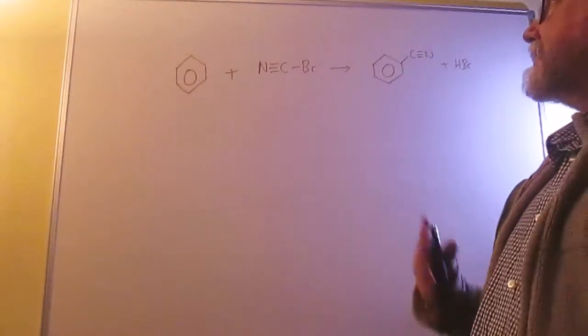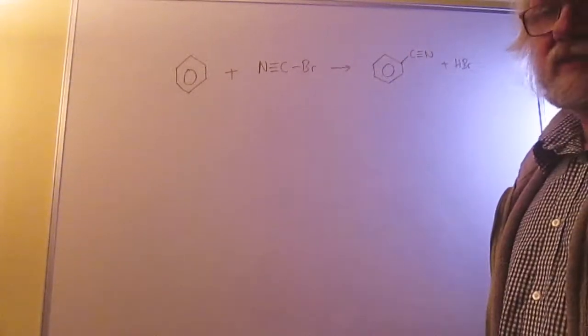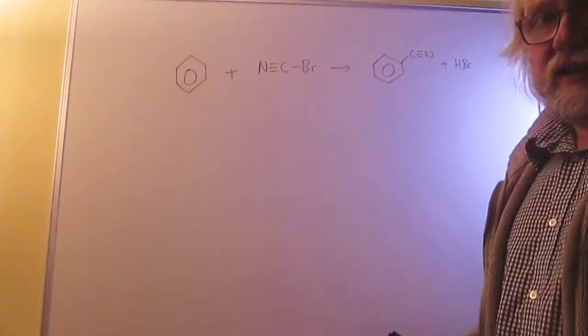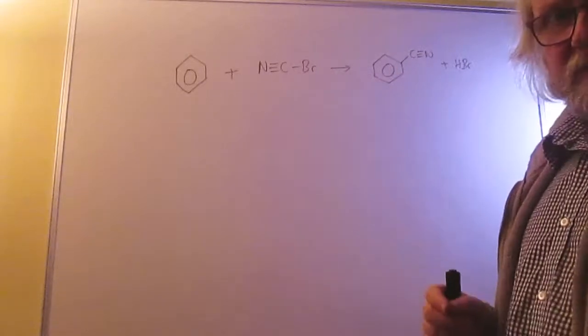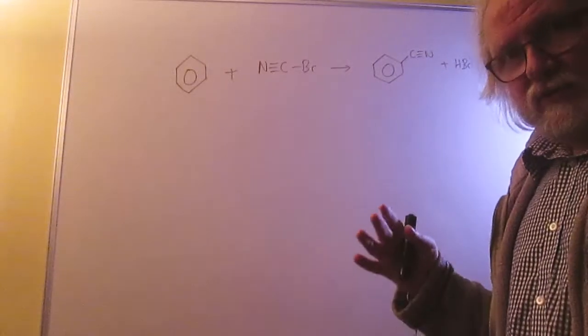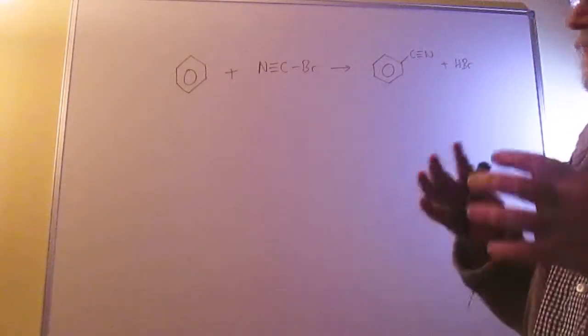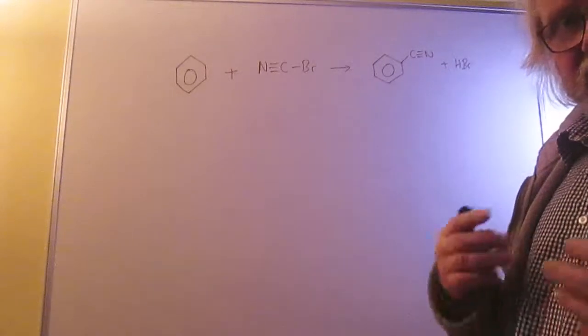Okay, so the next part is now asking us for the mechanism of this reaction. And again, the key to that is to think it's going to be basically the same as the mechanism of bromination. So if you're at all unsure, just scribble that one down first and modify it.